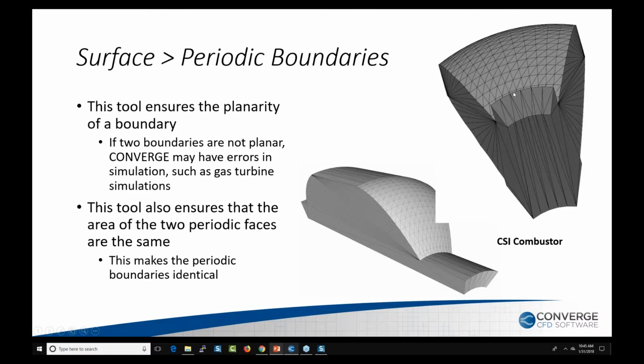And sometimes these two planes do not have exactly the same triangulation. One of the ways is to create a copy of this, rotate it around, and bring it here, delete the old triangles here and stitch with the casing here. But that's an additional step, and that's cumbersome. So what the surface periodic boundary tool does is that it will do that step in an automated way.